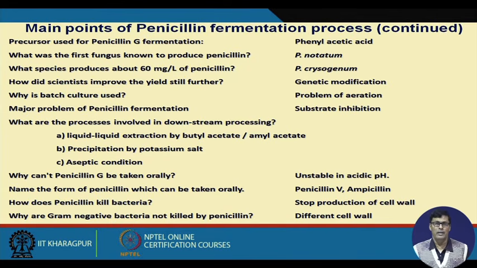So we can understand the different uses of penicillin, how it acts on the human body, and how its production takes place. We have a huge market in the biochemical industries, and we are greatly benefited by the penicillin available in the market.